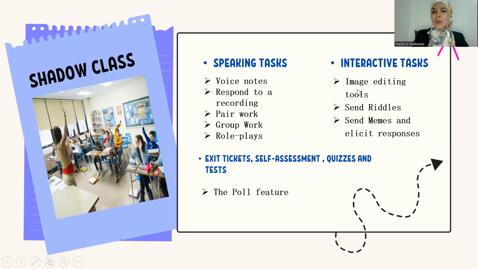And via the image editing tool, which can be approached through the 3 vertical dots to the right side of the screen, students can edit the image, they can write, they can select different fonts and colors. So it's interesting to young learners and adults as well.